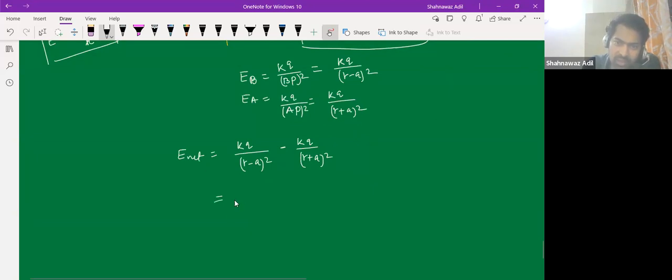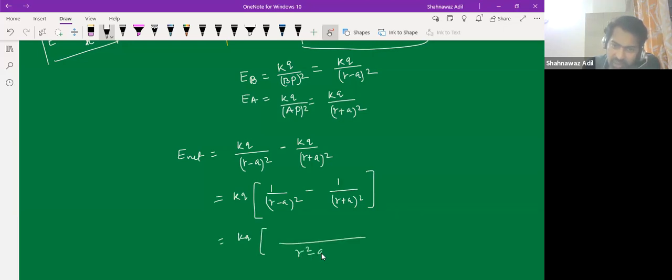KQ we can take common, and this is 1 by R minus A whole square minus 1 by R plus A whole square. So LCM would be how much? LCM would be R square minus A square whole square, that is R minus A, R plus A, whole square. Is that clear, guys? LCM clear?